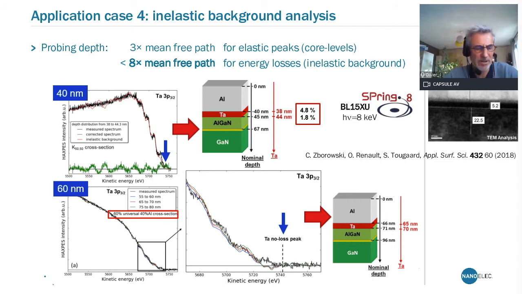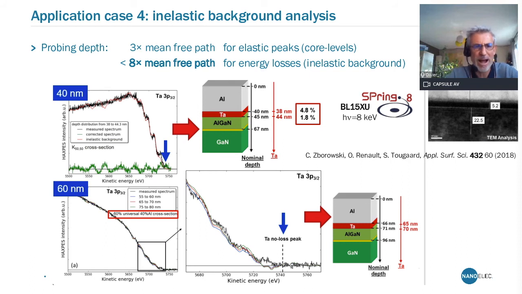The last application case is about inelastic background analysis. You have two kinds of features in a photoelectron spectrum. You have the primary photoelectron peaks. These are the peaks I have been talking about until now.